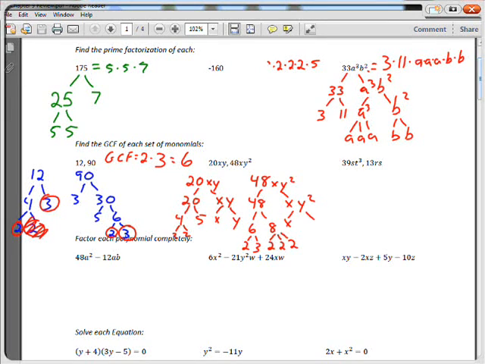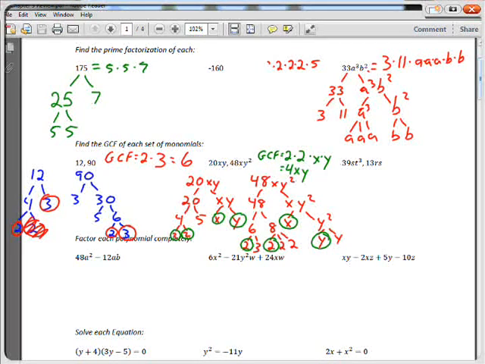And I've got x, and y squared can be broken down to y times y. And I look for everything they have in common. I've got a 2 in common. I have another 2 in common. I have an x and one y. So my greatest common factor then will be 4xy.